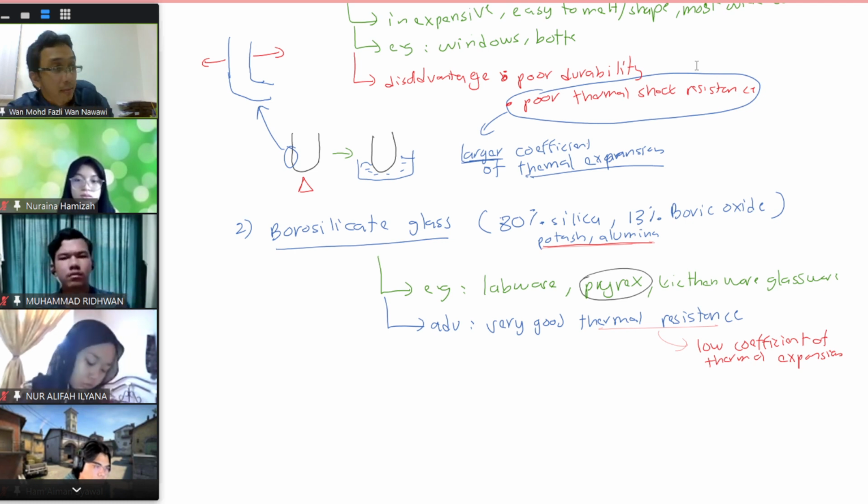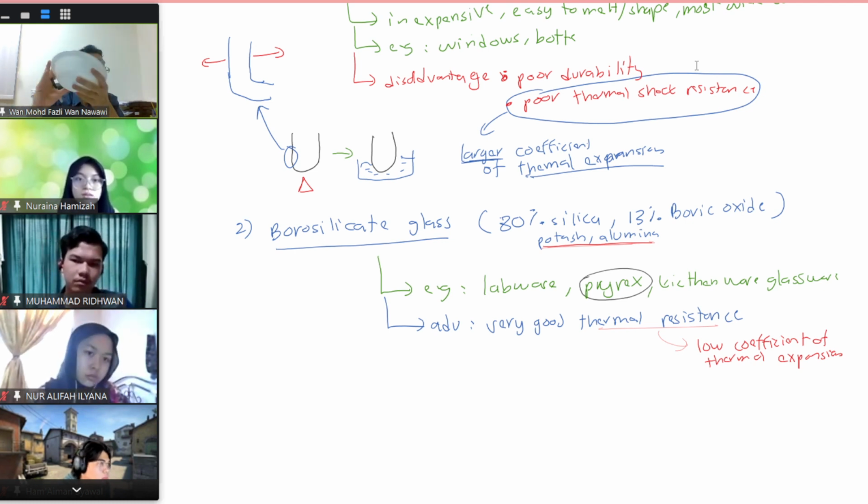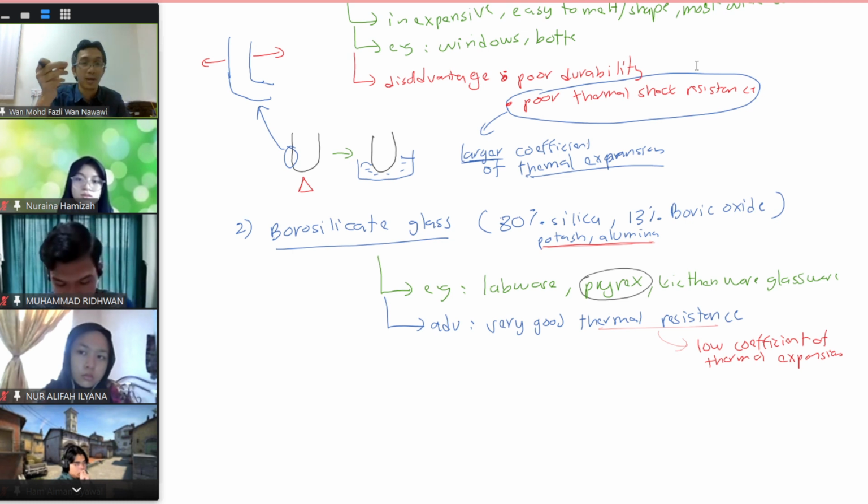People also like to use ceramic, clay, porcelain or whatever. This is far better than glass in durability. But one appeal of glass is that it's transparent, and ceramic is not.